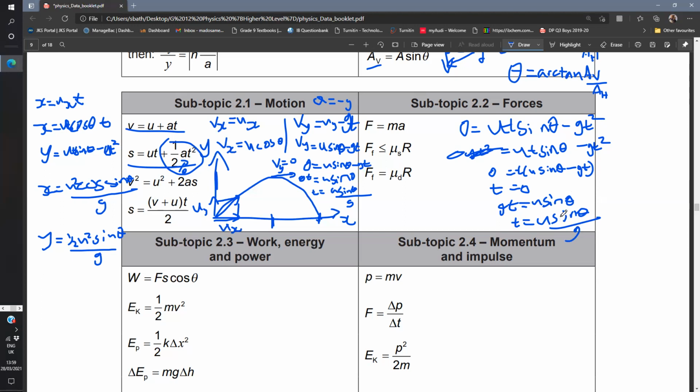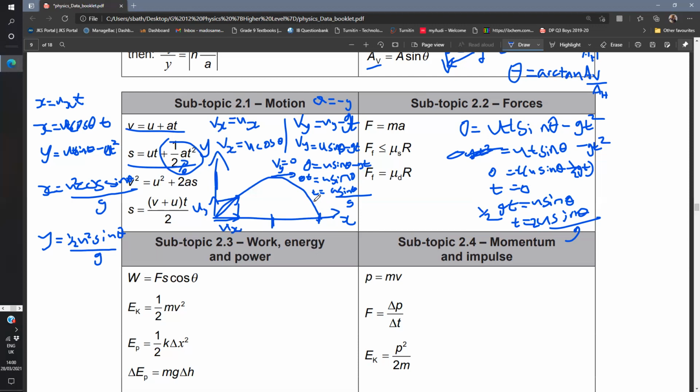Alternatively, what we could have done is just multiply the half time by 2, and we would have gotten the exact same formula. So this is our half. Yeah, so this is going to be 2u sine theta over g, because it's basically the total time.